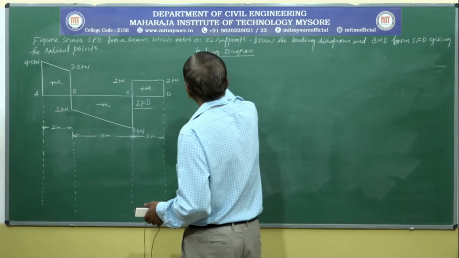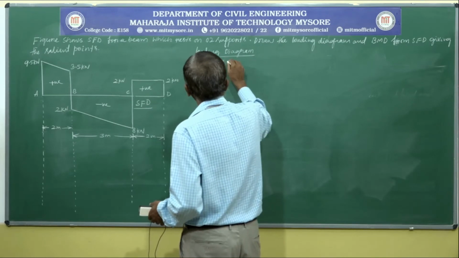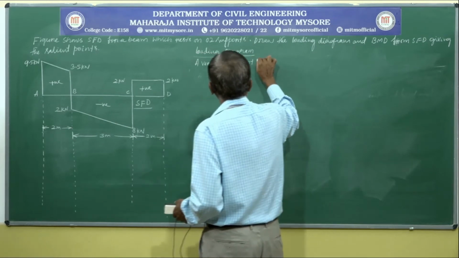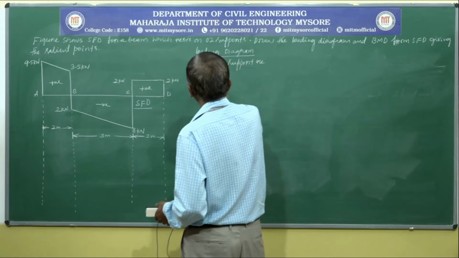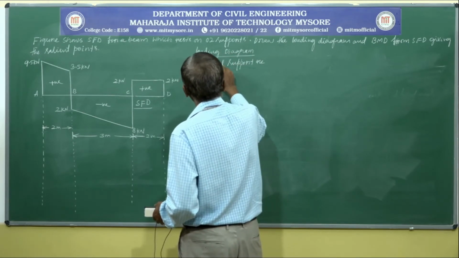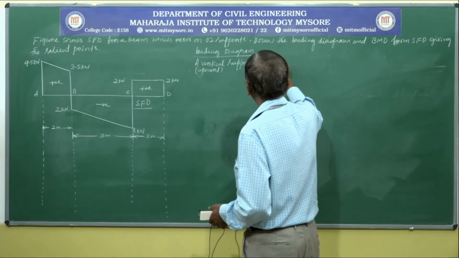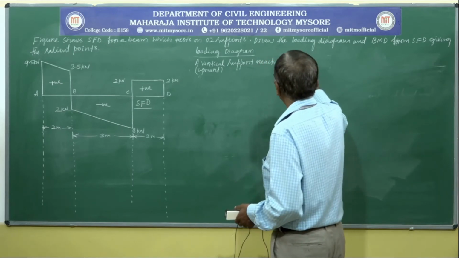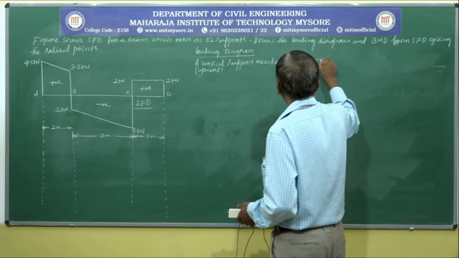A vertical support reaction, or an upward support reaction, you can say, at A is equal to 9.5 kilonewton.